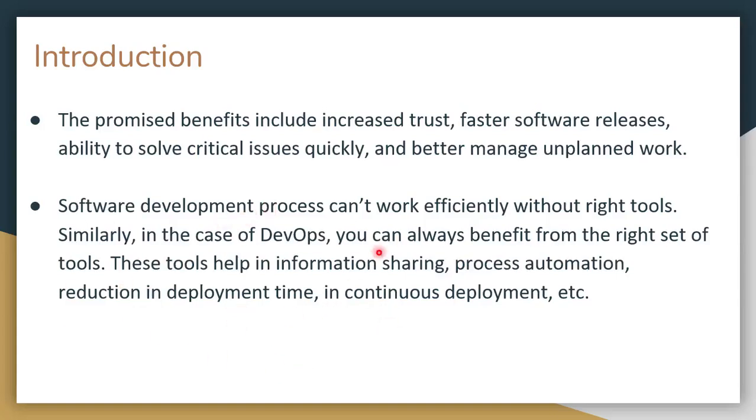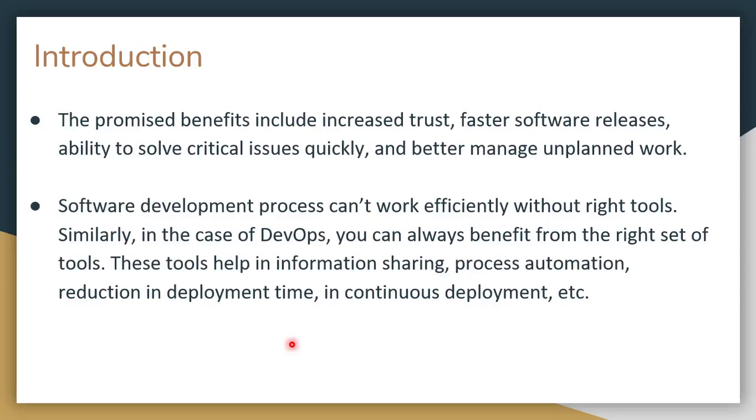The software development process can't work efficiently without the right tools. And software development is still, even today with the right tools, a very complex activity. So in the case of DevOps, teams can benefit with the right set of tools and the right process. It's always the right process that's important.